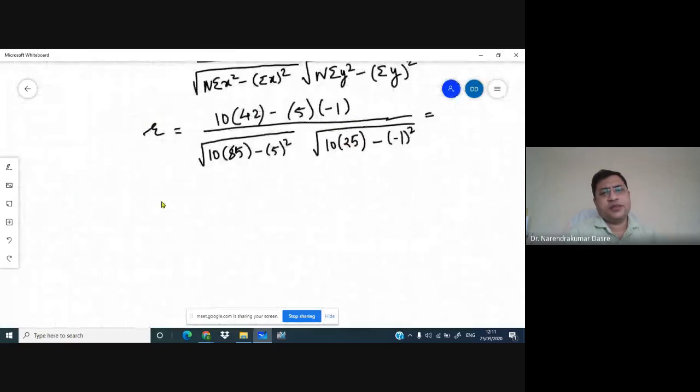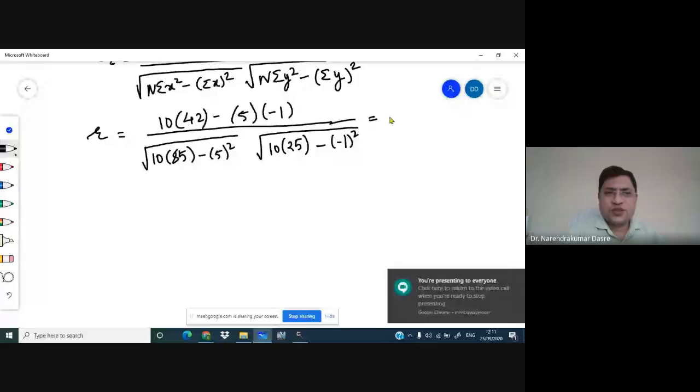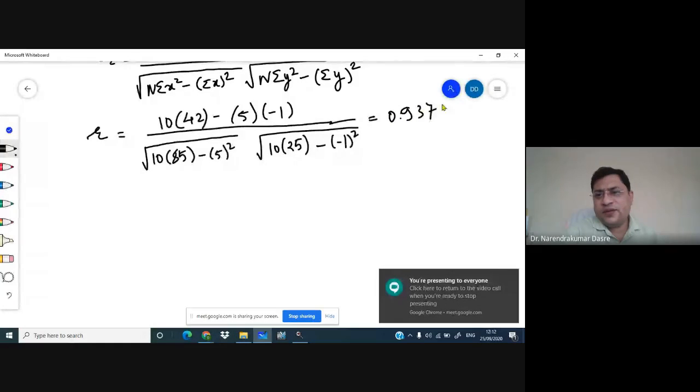Okay, that's great. Now give me this value. Very good, very good. So you are good enough now to calculate everything in a faster way. So it is going to be 0.9376.